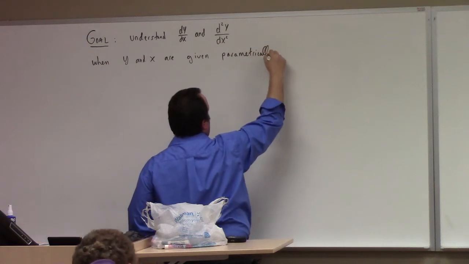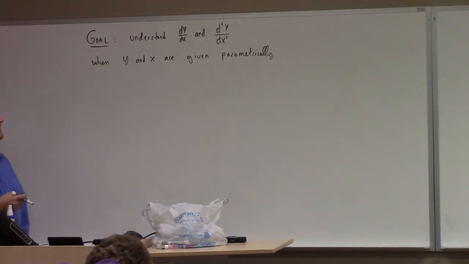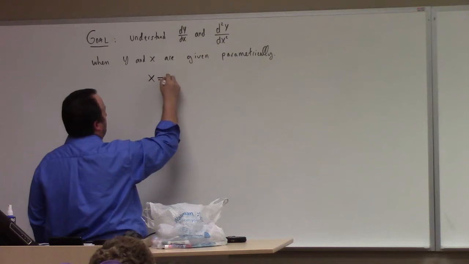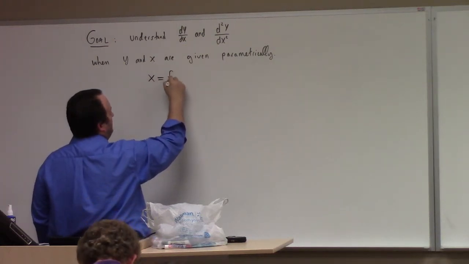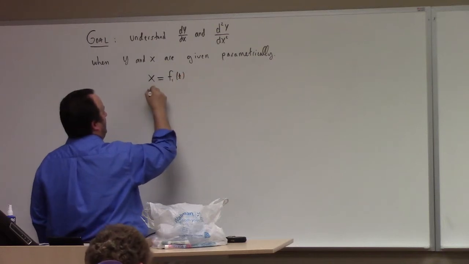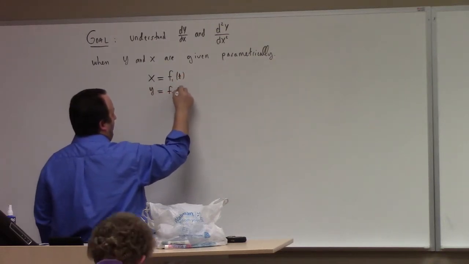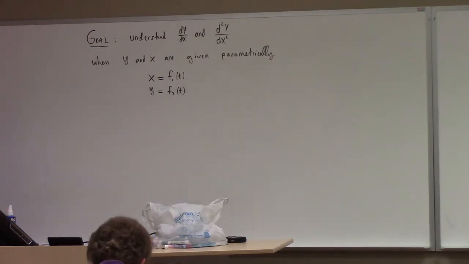All right. So let me be a little bit picky here and say that x is equal to, let's say, f1 of t, and y is equal to f2 of t. All right. So these are parameterizations of some curve.